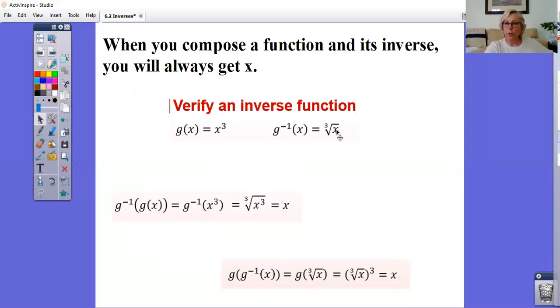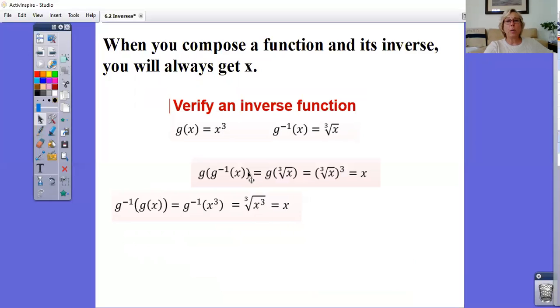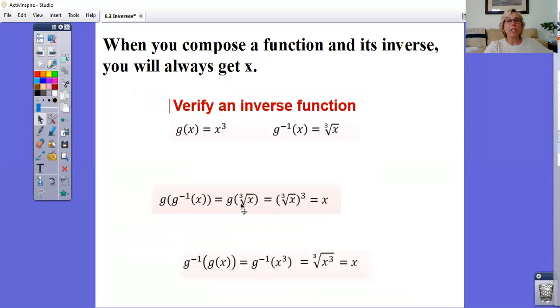Remember, when you compose, that x goes out and the whole new function goes in. The cube root and the power of 3 cancel out, and you get x. If I go backwards and I put the inverse into g, I'll take the cube root of x and plug it into the x, and I have my cube root and my power of 3 cancel out.